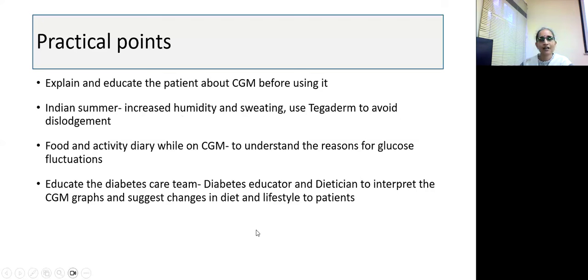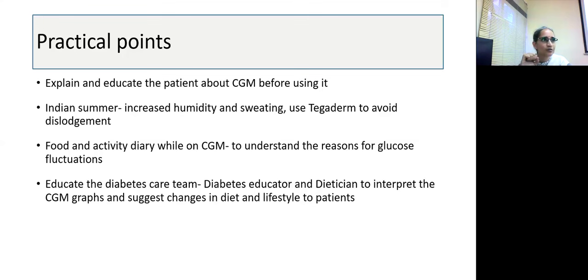So just to end with a few practical points, it is important that patients using CGM should be educated and explained about the utility of the technology. In Indian summers with increased humidity and sweating, the sensor may fall off. So we have to use a Tegaderm or some other form of stickers to avoid dislodgement. Glycemic variability among patients on insulin, especially type 1 diabetes, will also depend on what food they have taken and what activity they have done during those days.